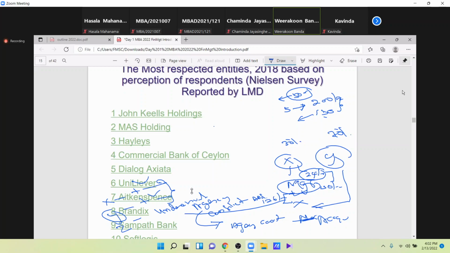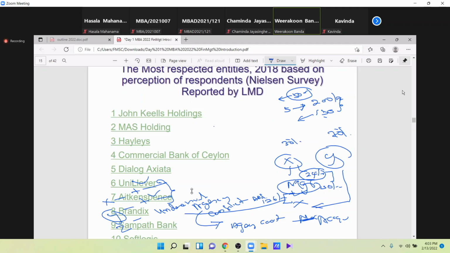The actual return could be less than what you expected. In that case also, there is an agency cost. So there are different arguments and applications regarding agency cost.